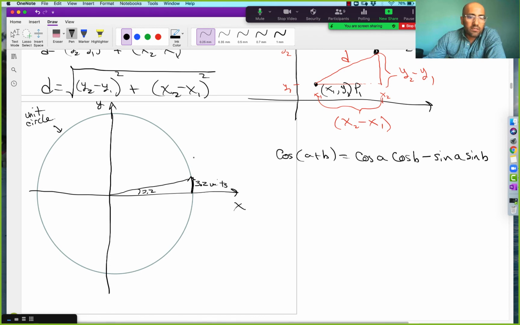Now, I know that doesn't make any sense because the whole circle is 2 pi, which is 6.28, one complete lap around. So 3.14 goes all the way over here. So it doesn't make sense to say that that's 3 units. So let's change that.